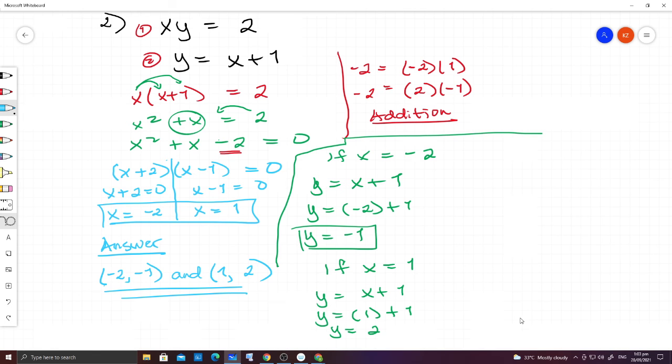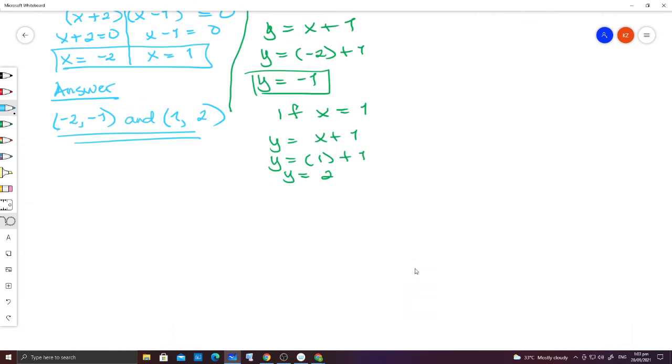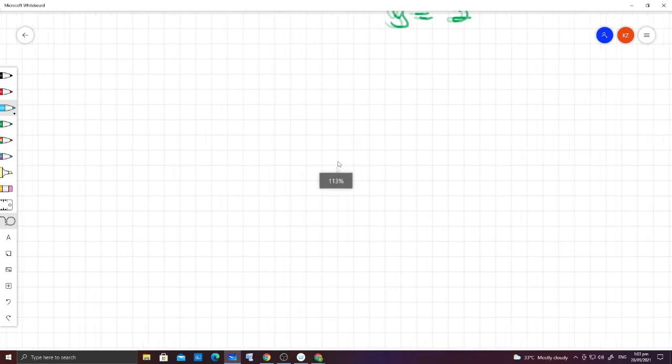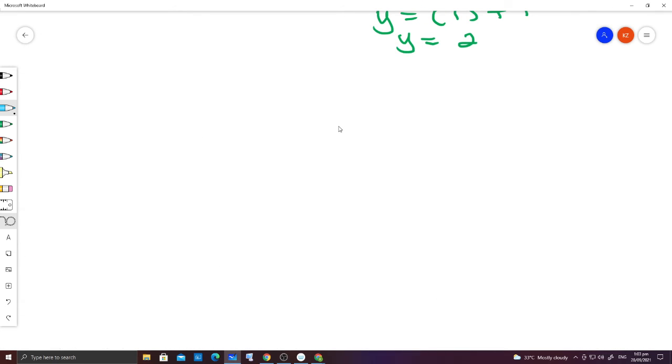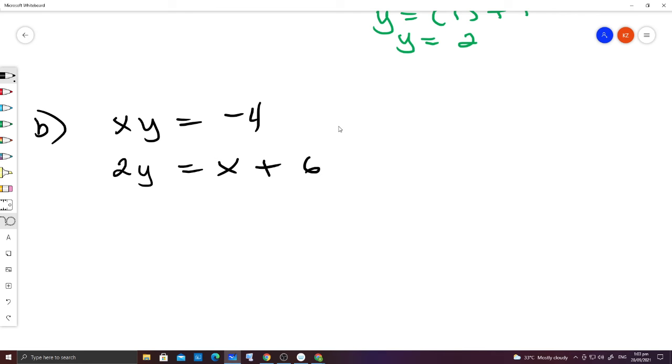Next, letter B. We are in number 2, letter B. So xy equals negative 4, and then 2y equals x plus 6. If you don't like fractions, because if we make it over 2 and then over 2, you can have fractions, right?